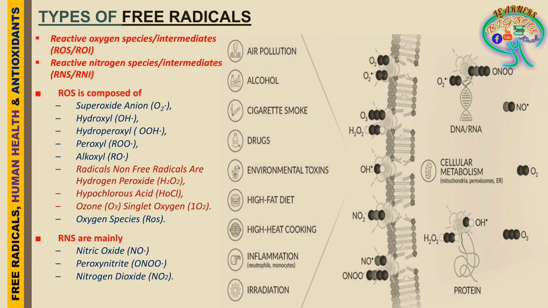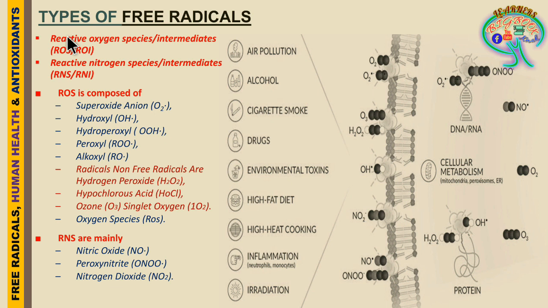Now coming to the types of free radicals, they are of two types: reactive oxygen species or intermediates, and reactive nitrogen species or intermediates.